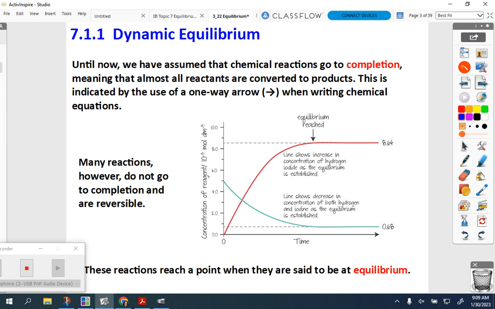We use the one-way arrow, but many reactions are reversible and don't go to completion. Instead, they reach a point where they are at equilibrium.